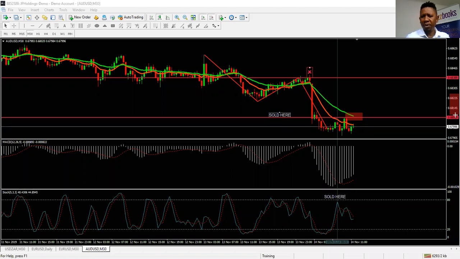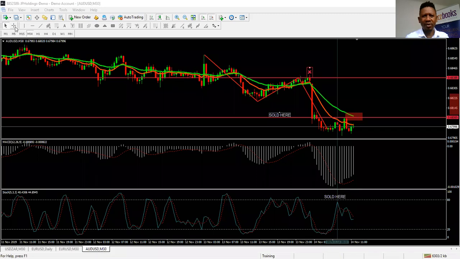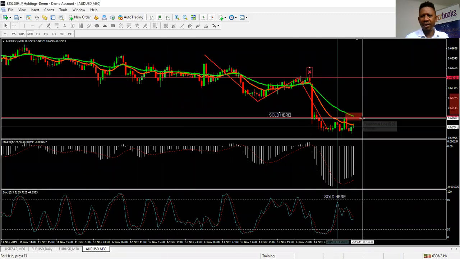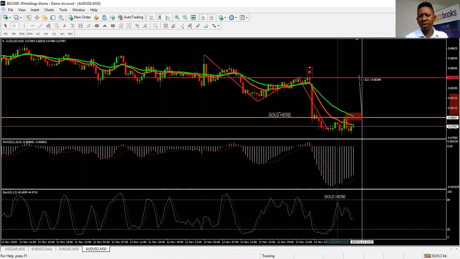So for you to get pips, you must always divide the number you see in the middle by 10. So let's go again. The number in the middle measures the difference between those 2 zones, and you divide it by 10. So 322 pipettes divided by 10 is 32 pips.